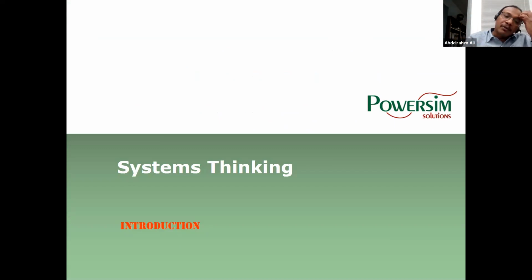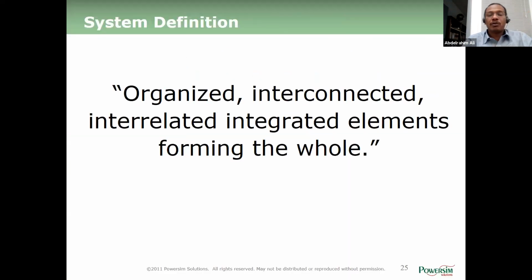Now we will speak about systems thinking, the introduction of it. A system is defined as organized. Each word of these words has a meaning, and if it's missing, what we are talking about is not a system. Organized, interconnected, interrelated, integrated elements forming the whole.